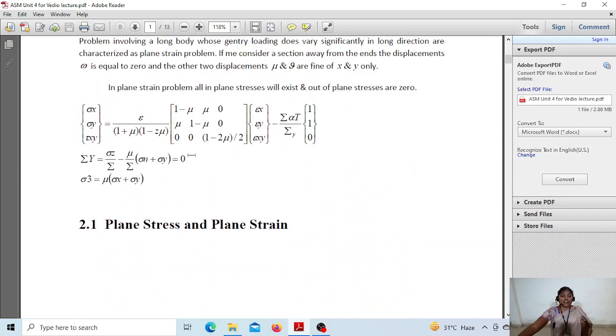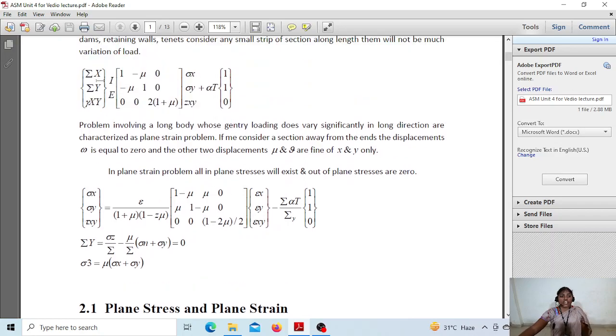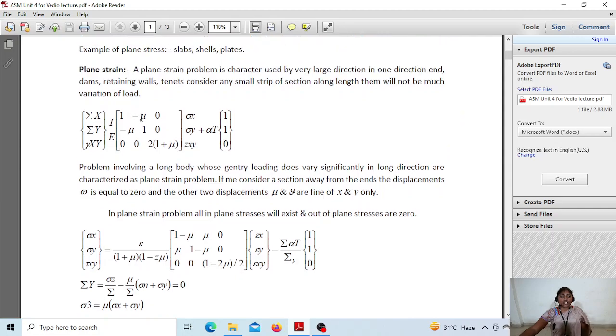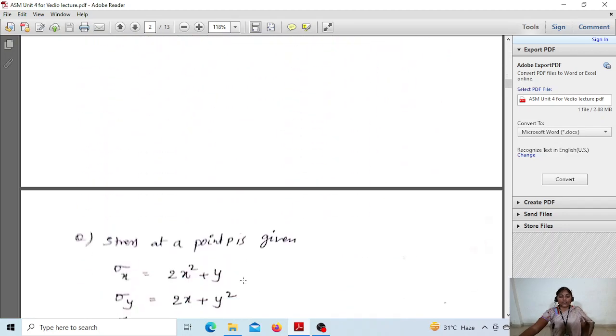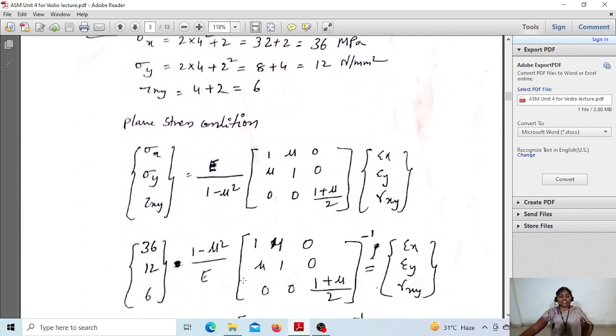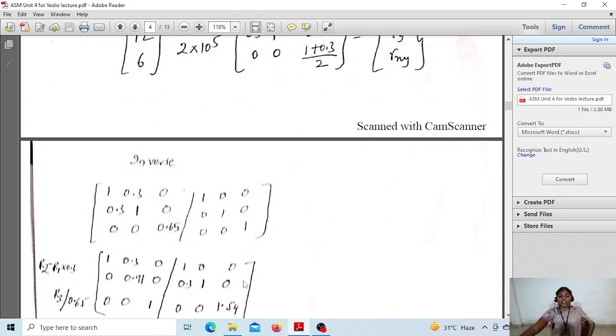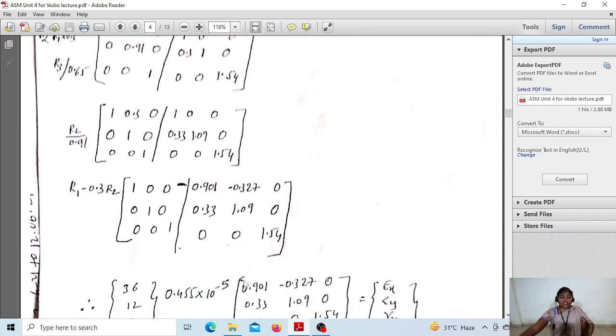You can use the direct equation like this: epsilon x, epsilon y, gamma xy is equal to 1 by E times 1, minus mu, 0. This equation also you can use and you can solve. To make you understand how to invert and recall the concepts of mathematics, I have given the example here, taking the matrix method.